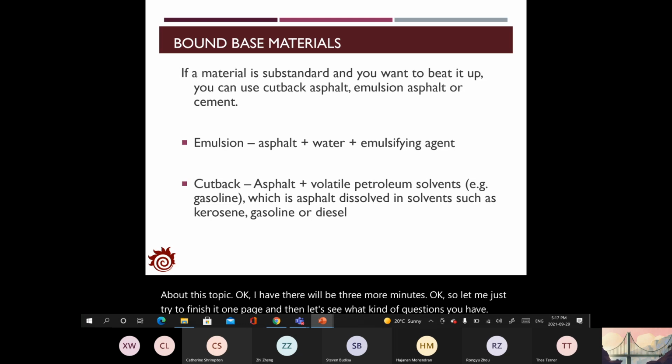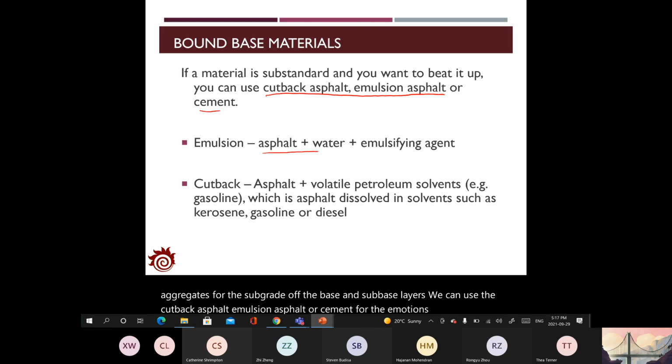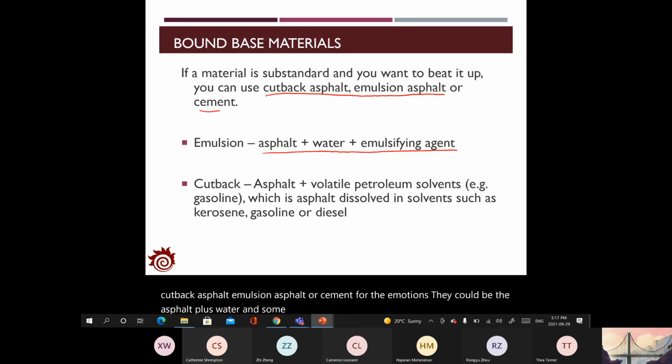So usually for the design of the pavement, for the preparation of the aggregates for the subgrade, for the base and subbase layers, we can use cutback asphalt, emulsion asphalt, or cement. The emulsions could be asphalt plus water and some emulsifying agent, and there will be different combinations of it.